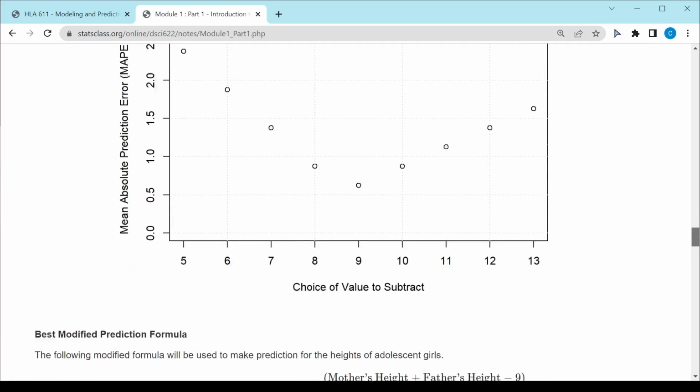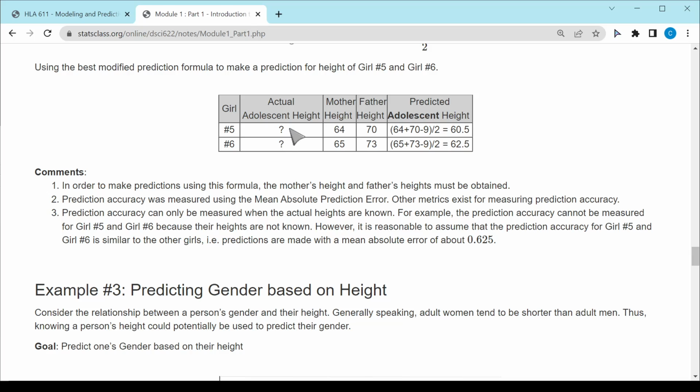So I don't actually know what the amount of error is in my predictions that I'm making for these unknown heights. Now, certainly this formula was based on information from the other girls. The other girls had a mean absolute prediction error of 0.625, so a little over a half an inch. So it is reasonable to assume that the amount of error that I'm going to have in these predictions is probably around that 0.625 inches.